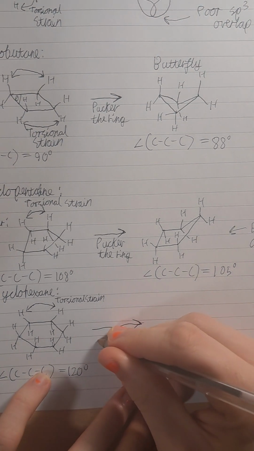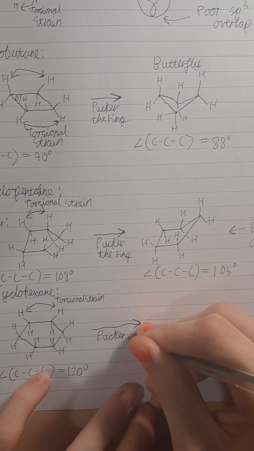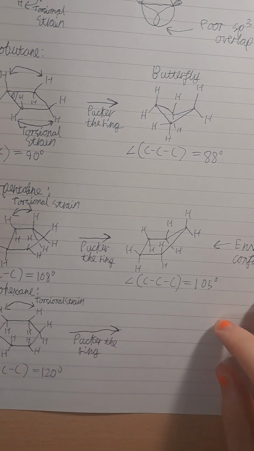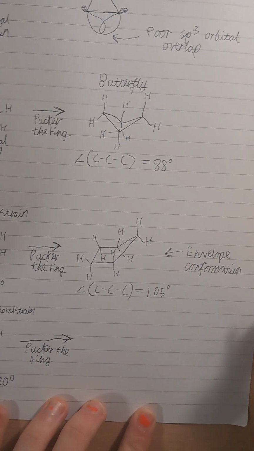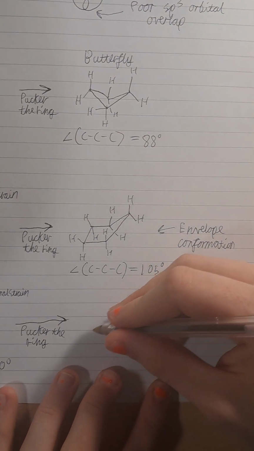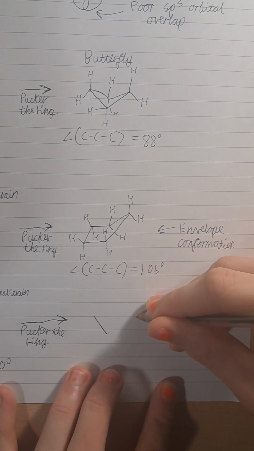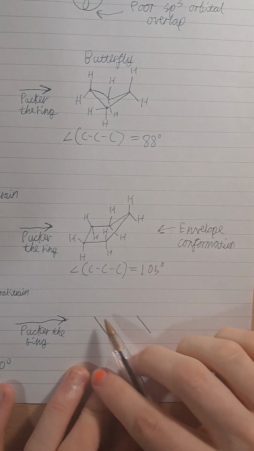So we're going to pucker the ring. Right, in this instance, I hate drawing these. Now, I know there's a way of doing it. So to draw these diagrams, we're going to do two parallel lines like this.